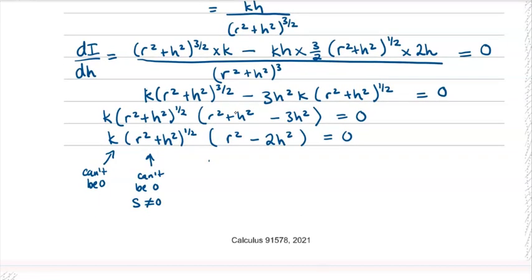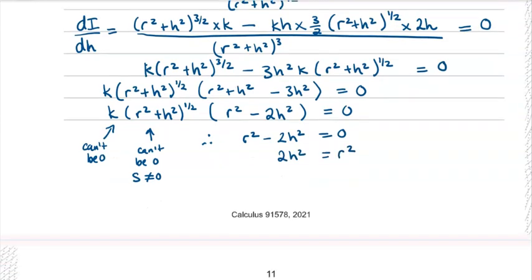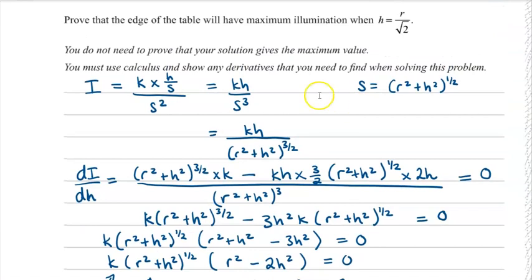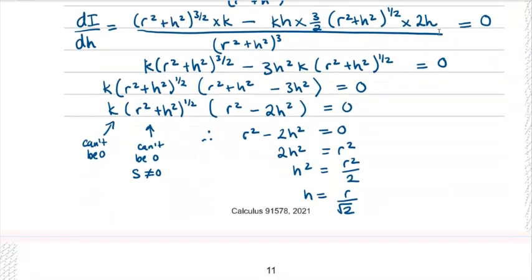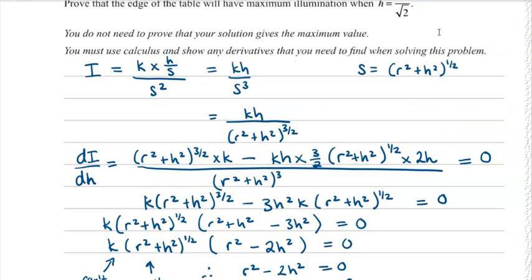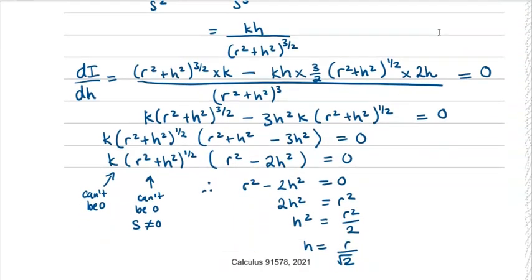So therefore, r squared minus 2h squared must be equal to 0, in which case 2h squared is equal to r squared. h squared equals r squared over 2. So h is the square root of that, so that'll be r over root 2. And let me just double check. Yes, h equals r over the square root of 2. Goodness, that was a particularly tricky excellence question. Well done if you made it all the way through.